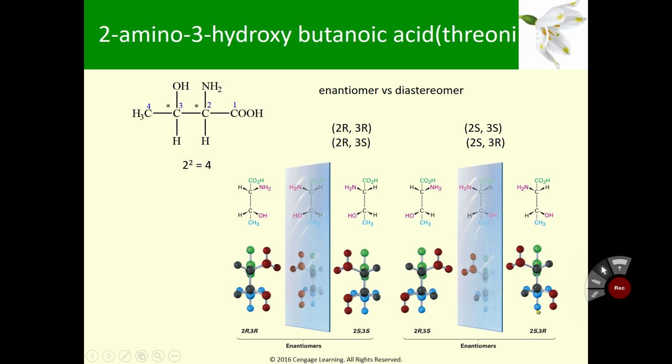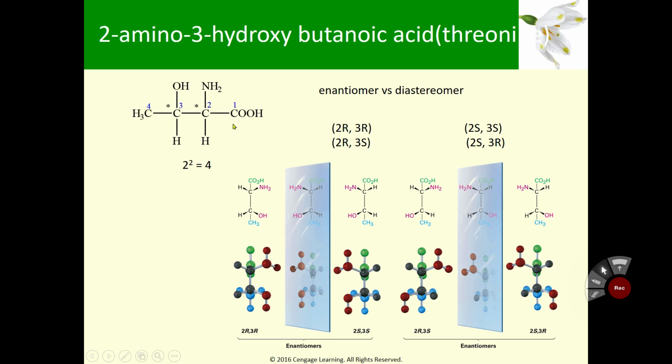Let's take an example for an enantiomer and diastereomer. This is an amino acid. It's threonine. We can easily tell there are two chiral centers here. Number 2 and number 3 carbons are chiral.